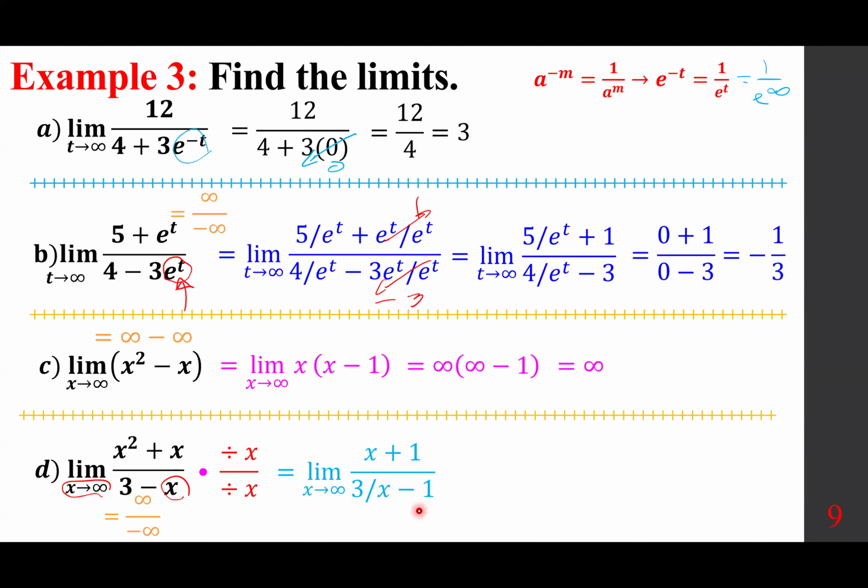Over here, we get 0 minus 1. And that's what I want you to be careful about. The numerator, infinity plus 1 or plus any number or minus any number, is infinity. The top is infinity. Because the bottom is a negative number, doesn't matter negative 1 or any other negative number, the result is negative infinity. So you want to be careful with that sign. Okay, everyone?